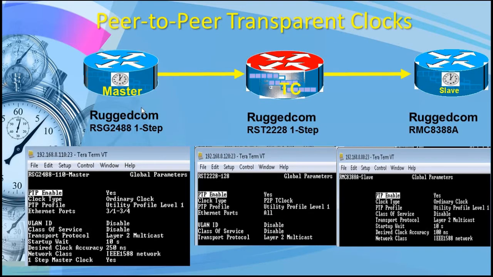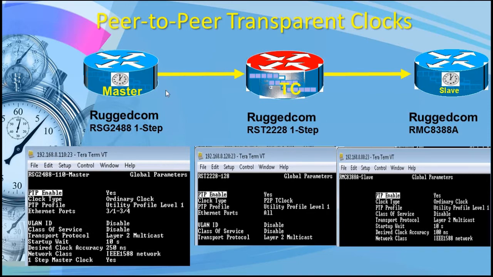Here's the topology, which includes three different devices. The first one is the Broadcom RFG2488, one-step master. Then the Broadcom RST2228, one-step transparent clock. And the Broadcom RMC8388A3.